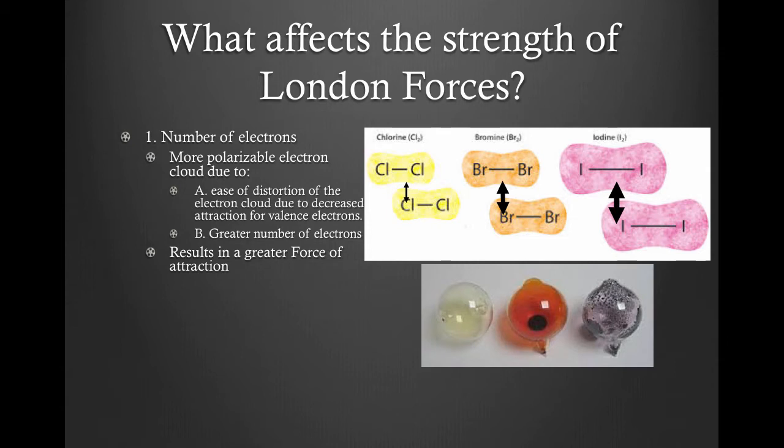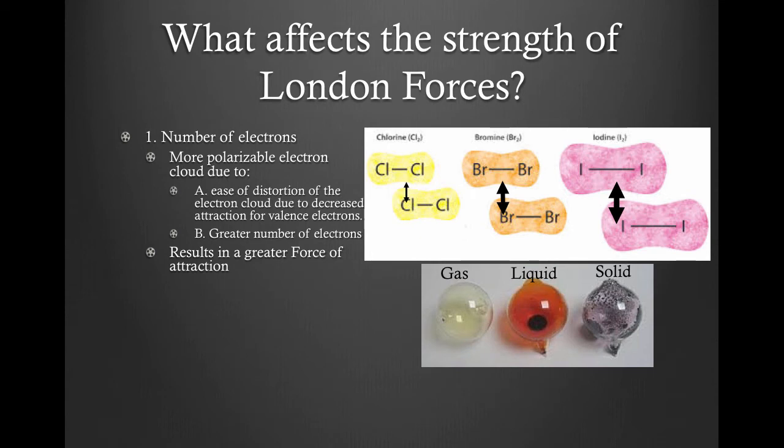So we can see that at room temperature chlorine is a gas, and we know that in gases the particles are very far away from each other, and that's because there's not that great of a force of attraction between chlorine molecules, whereas bromine is a liquid at room temperature, and iodine is a solid, purple crystalline at room temperature, showing the greatest intermolecular force, or this great London force.